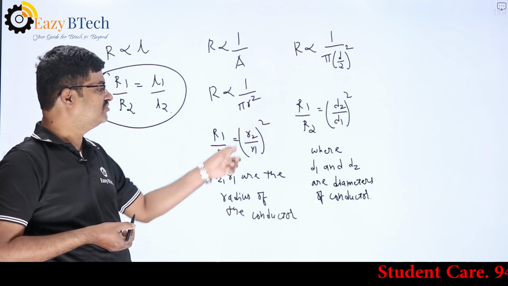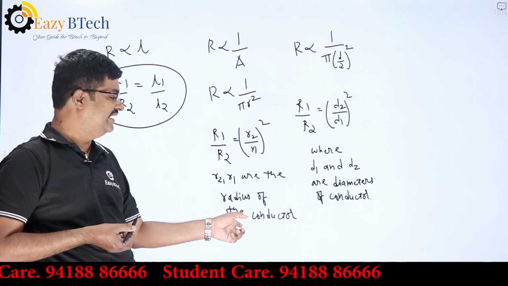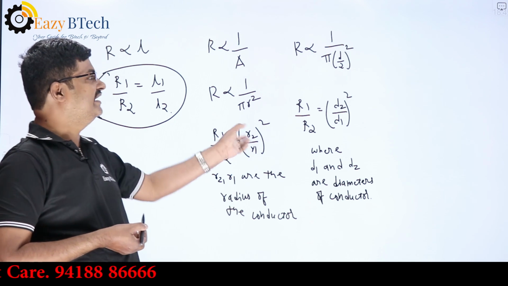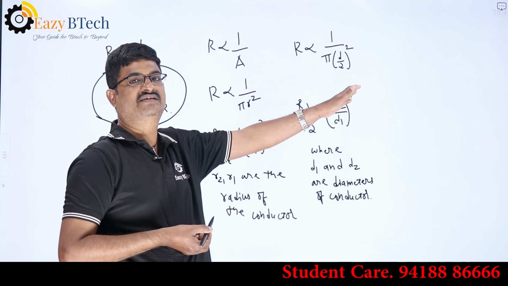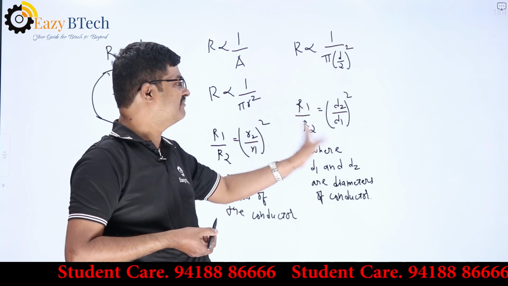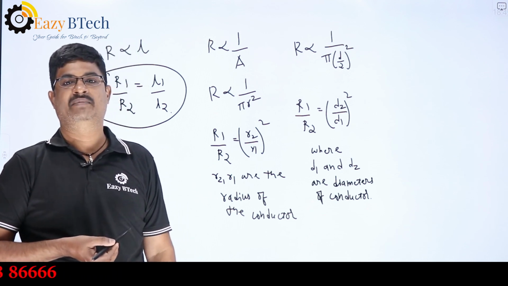So R1 by R2 is equal to r2 by r1 whole square, where r1 and r2 are the radii of the conductor. If radius is replaced by diameter, radius is equal to half of the diameter. So R1 by R2 is equal to D2 by D1 whole square, where D1 and D2 are the diameters of the conductor.